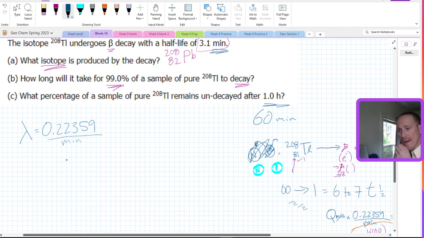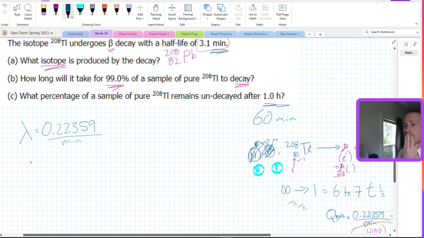And we're going to start at 1. We're going to run this for 60 minutes. But again, it's not linear. We have to set this up to be a logarithmic situation. Or maybe an e to the... No, I think we're going to do log.